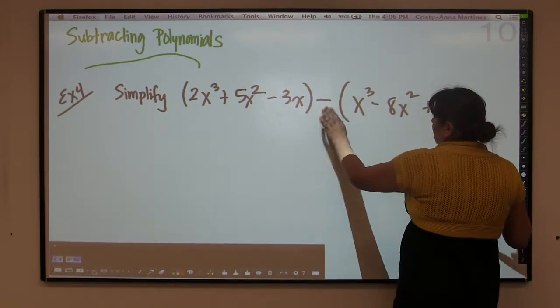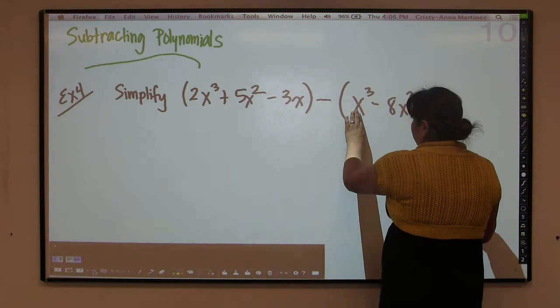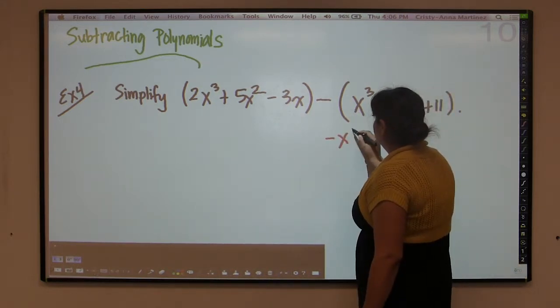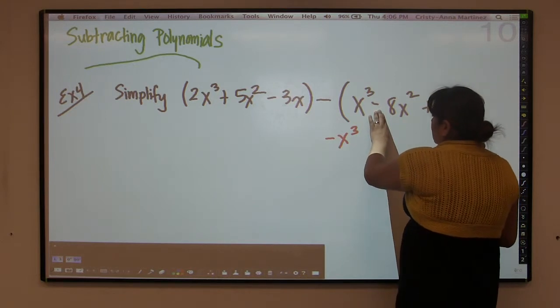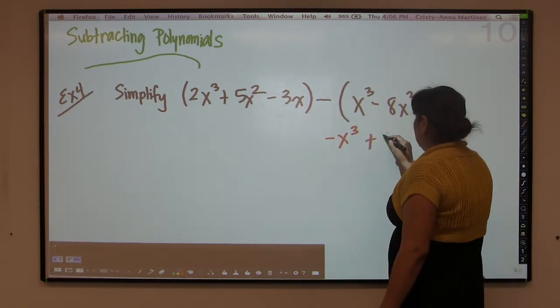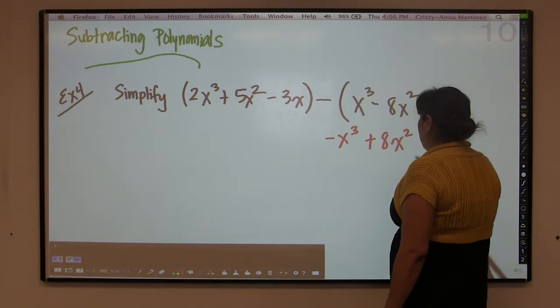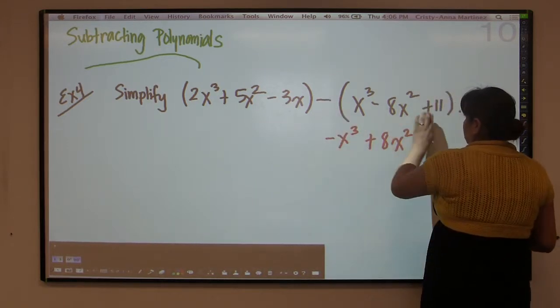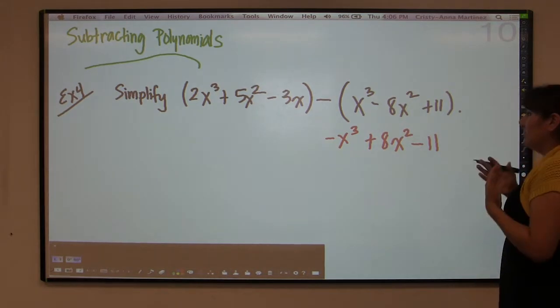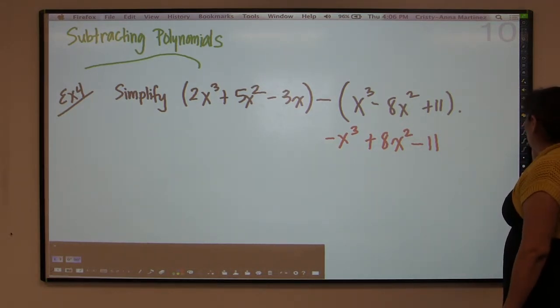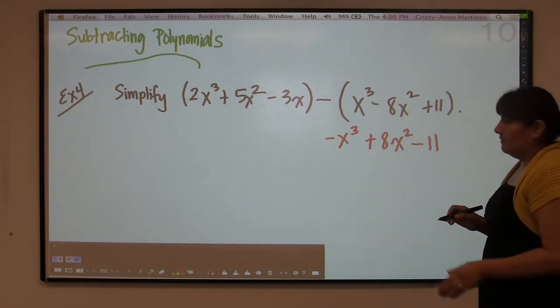So that's going to be negative times positive x cubed is going to be negative x cubed. And then you have a negative and a negative 8x squared. And that's going to become a positive 8x squared because a negative times a negative is a positive. And then this negative times this positive is going to make it a negative 11. Okay, so once I've done that, then I continue like I did before, and I'm going to put them lined up.